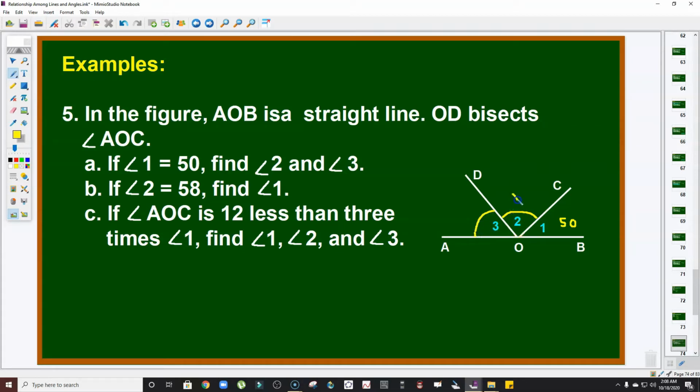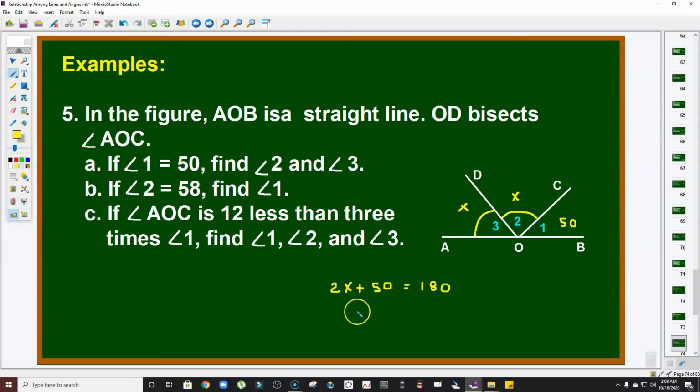Let me call this x, both, since they're equal. We know that this straight line is equivalent to 180. So, if I'm going to add the three angles, x plus x plus 50 is equal to 180.